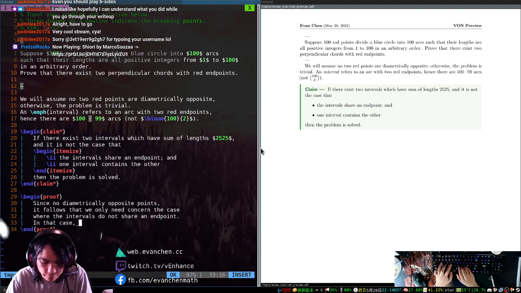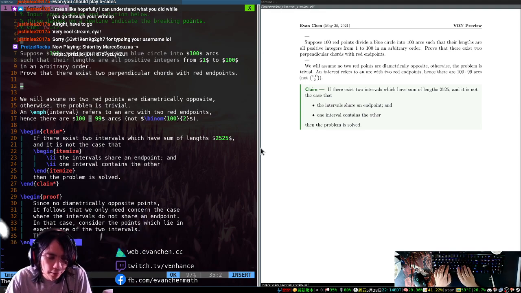In that case, consider the points which lie in exactly one of the two intervals. They form arcs with sum of length 25, 25, solving the problem.